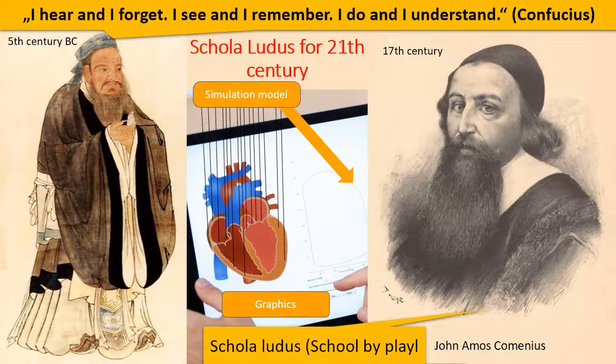Interactive simulation textbooks are a modern realization of old Confucian wisdom and an implementation of Comenius's effort for playfully teaching. Interactive simulation textbooks are a real schola ludus for the 21st century.